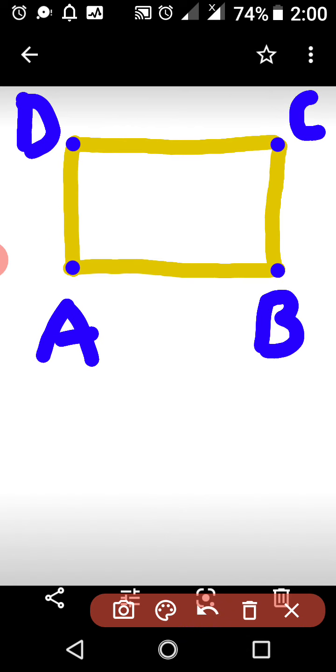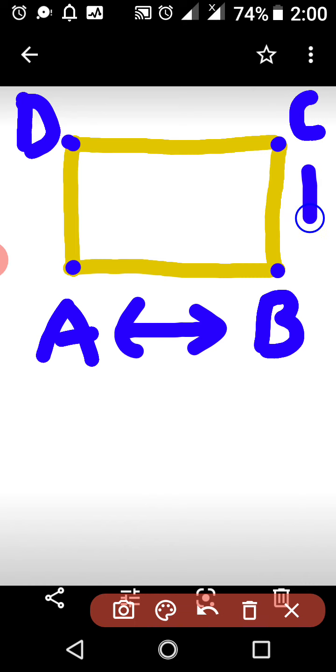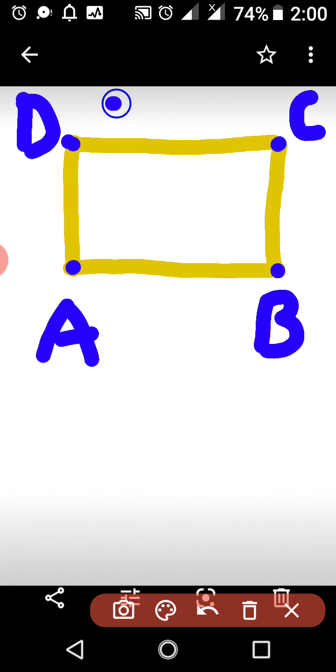Now A is a vertex, B is a vertex, C is a vertex, D is also a vertex. If you observe carefully, A and B are both adjacent vertices, isn't it? And B, C are adjacent vertices. Adjacent is nothing but side by side. In the same way, D and C are adjacent vertices, and A and D are also adjacent vertices.